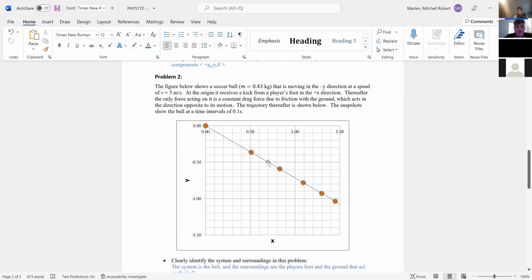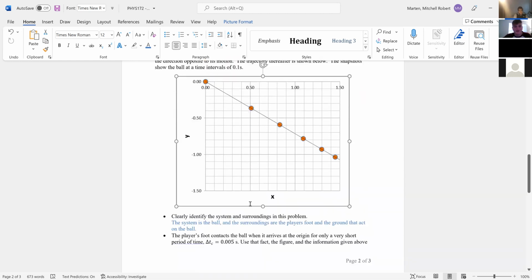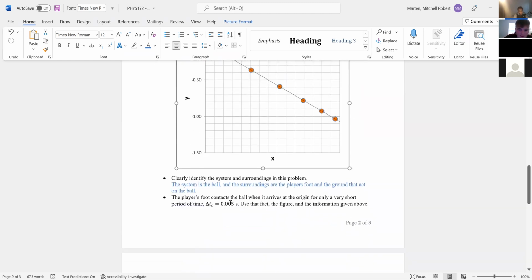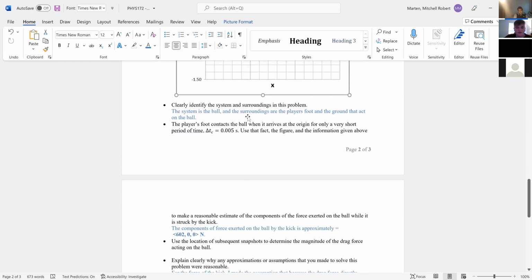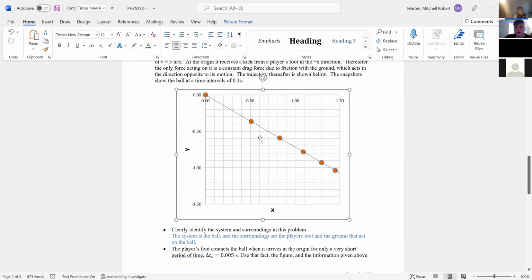So it would also go to here if there was no drag. The way I solved it is I used this coordinate and then 0 to find the change in momentum. And then I divided by the change in time, which was 0.005. And I got 602 because at first I did it from here, but then you have to remember that there's the drag force that's fighting the kick force. Does that make sense? Yeah, that makes sense.